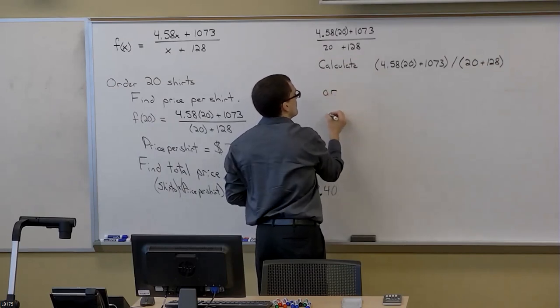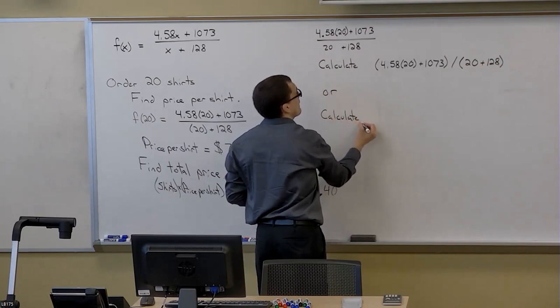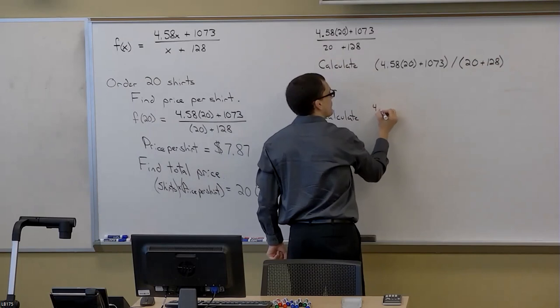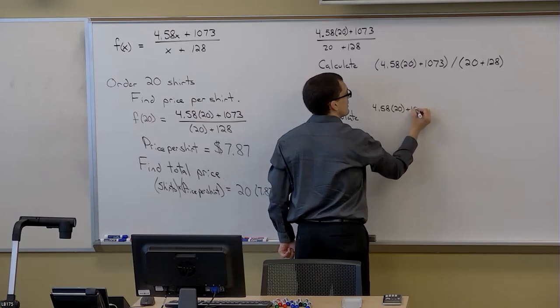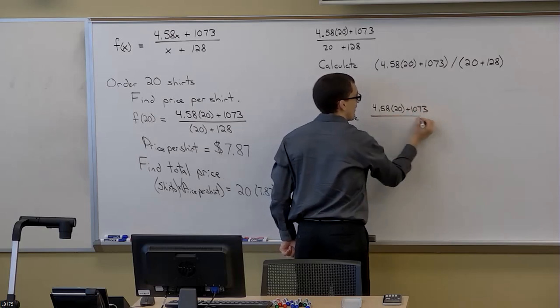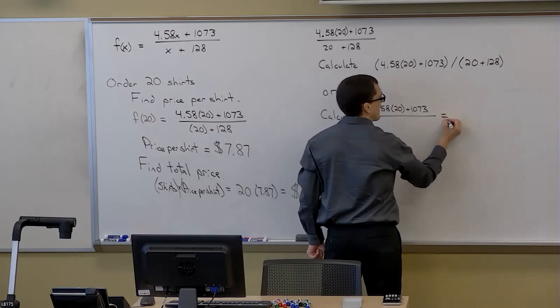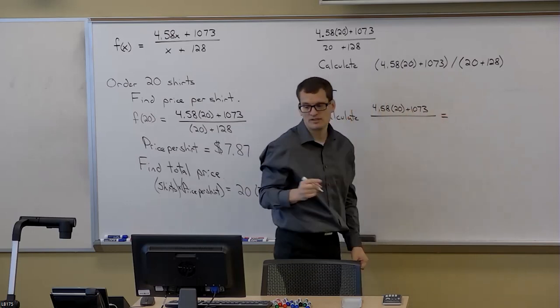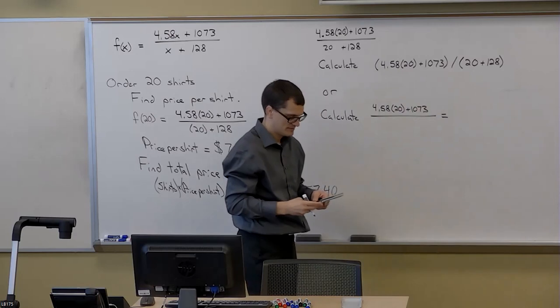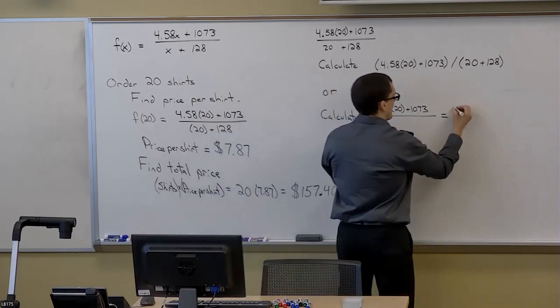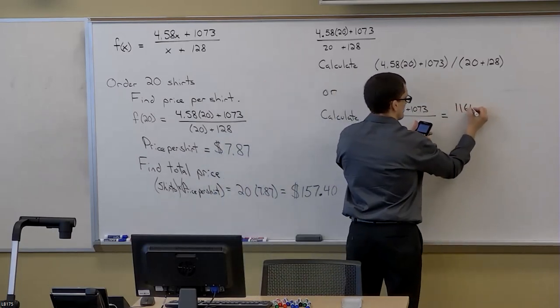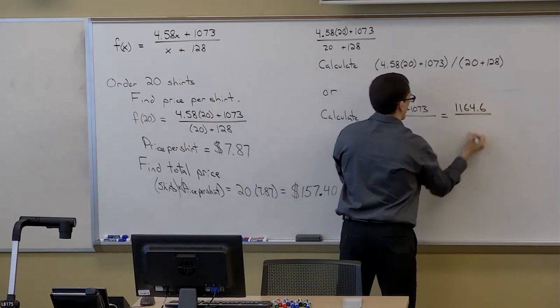Option two is I take my 458 times 20 plus 1073 and I calculate that in one line of my calculator. And I ended up getting 1164.6.